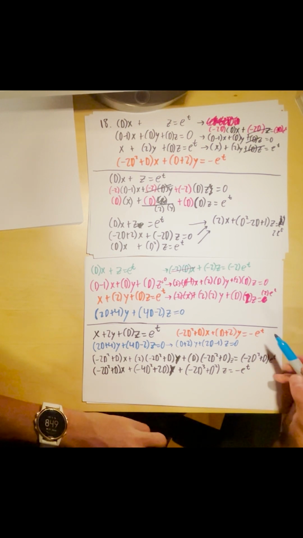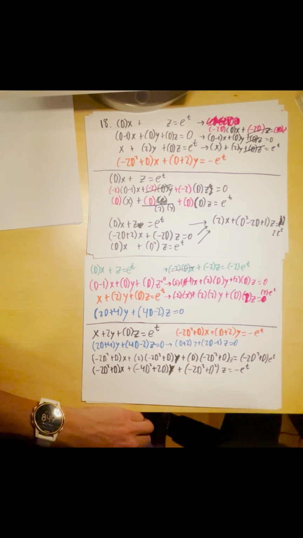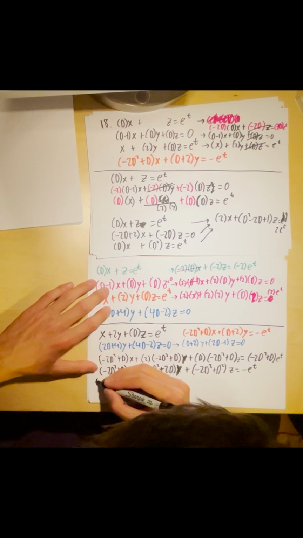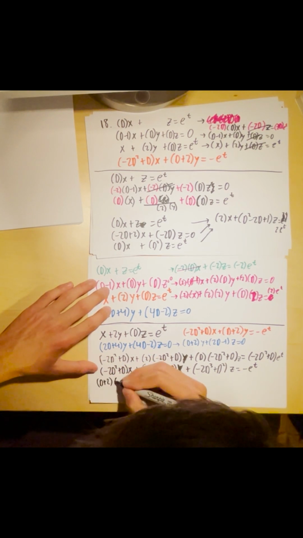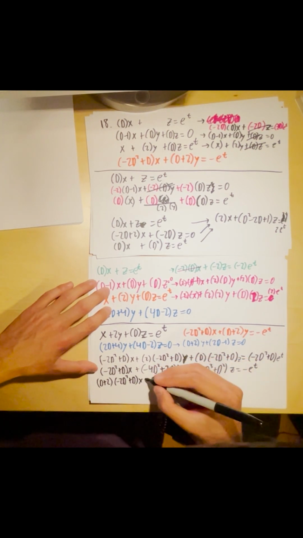So now we can see in front of the y, we're going to have a d plus 2, which means I want to multiply this equation that I have on the bottom through by d plus 2. So what's that going to look like? It's going to look like this. D plus 2. This is the nastiest part of the problem.